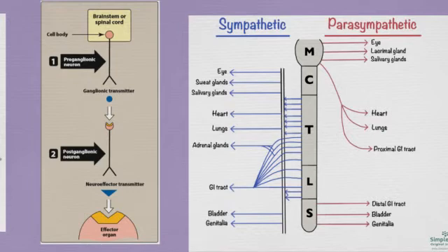You can see in this figure that these are very close and parallel to each side of the spinal cord. You can also see that the preganglionic neurons of the sympathetic system are shorter in comparison to the postganglionic neurons.